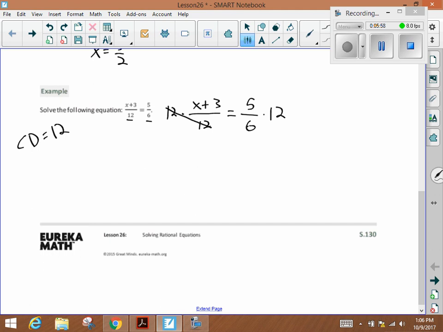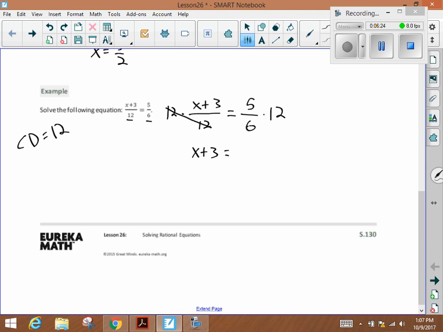So a lot of teachers will tell you, hey, the 12s cancel. But just keep in mind, yeah, they do go away, but really what happens is that is 1. 12 divided by 12 is 1. So I have actually 1 times x plus 3, which means that all I'm going to have left here is the x plus 3.